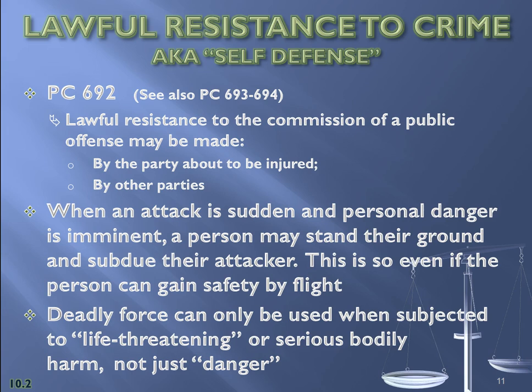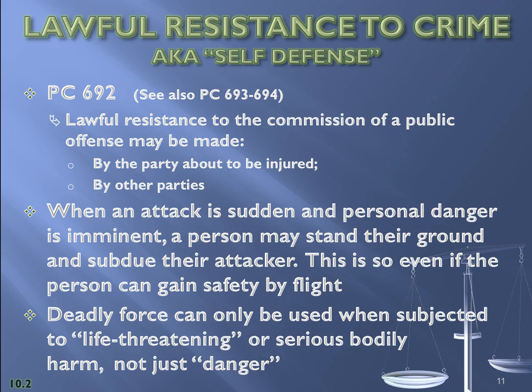Now, Penal Code section 692 talks about self-defense. You can also look at 693 and 694, but 692 basically says lawful resistance to the commission of a public offense may be made by the party about to be injured or by other parties.